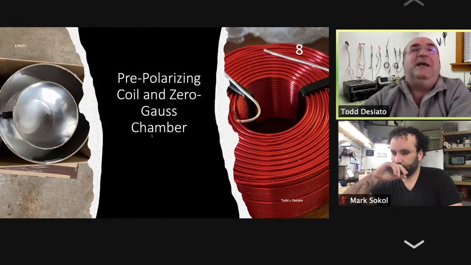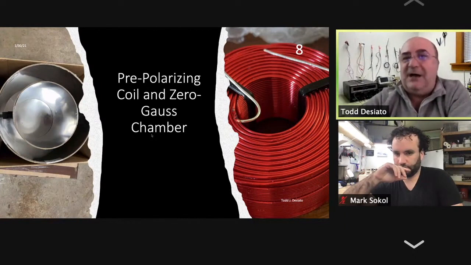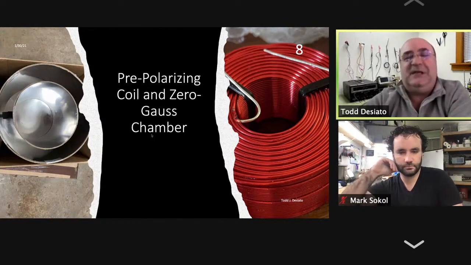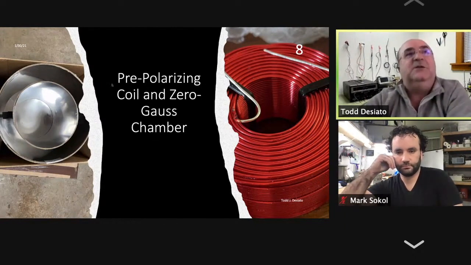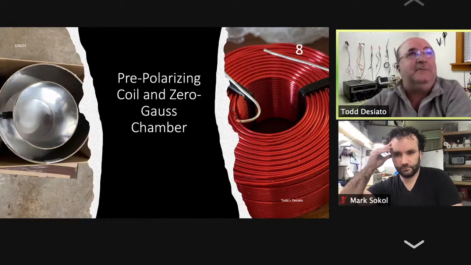I found out that in my neighborhood, I have a lot of stray magnetic fields. It varies quite a bit. So at Paul Murad's suggestion, I got myself some high mu 80 sheet metal and built myself a zero mu chamber, a zero Gauss chamber.